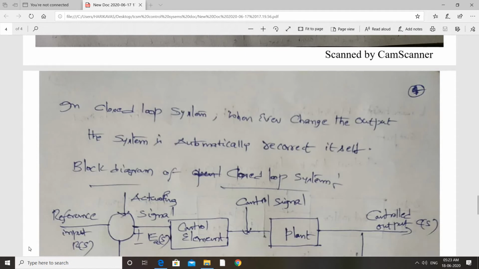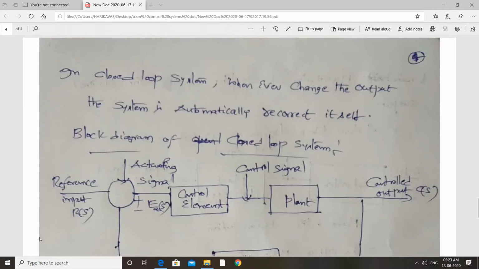So in a closed loop system, whenever there is a change in the output, the system automatically recorrects itself. So the signal is moving from input to output as well as output to input. With the feedback concept, you see clearly in the block diagram.